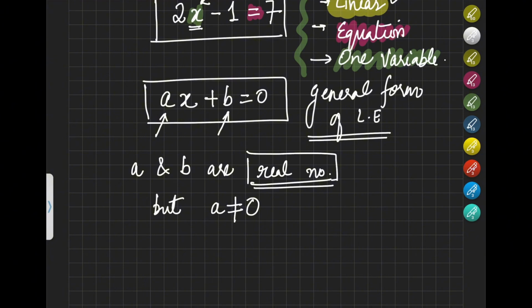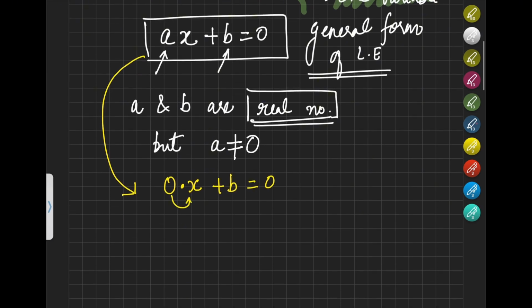Why should a not be equal to 0? Let's see what happens if a is equal to 0. If I write 0 into x plus b is equal to 0, 0 multiplied by x is 0, so b is equal to 0. What happened to the variable x?